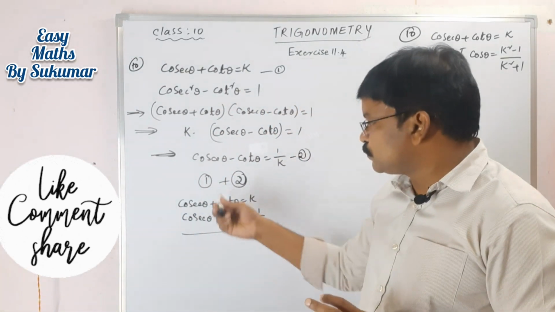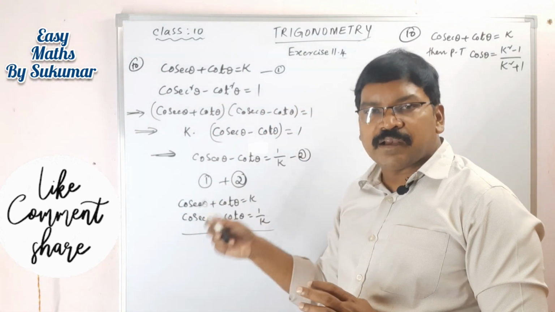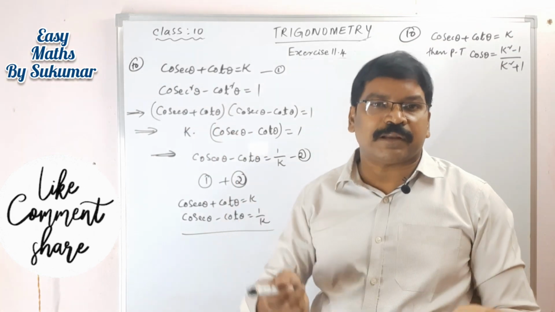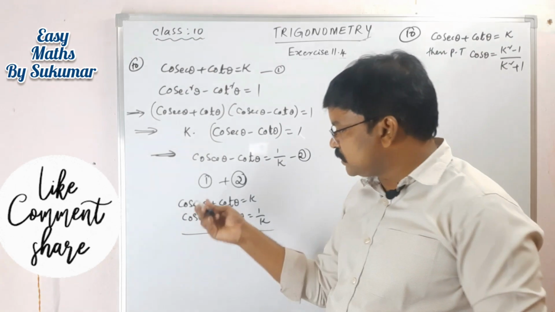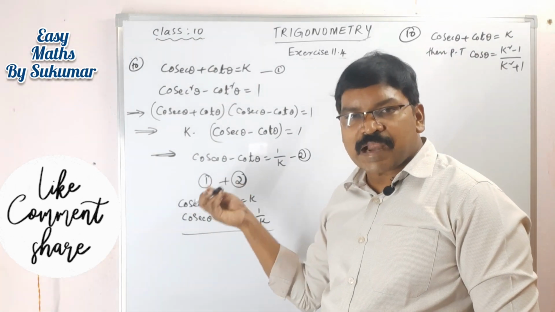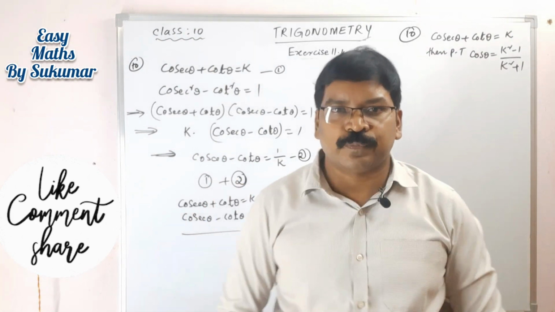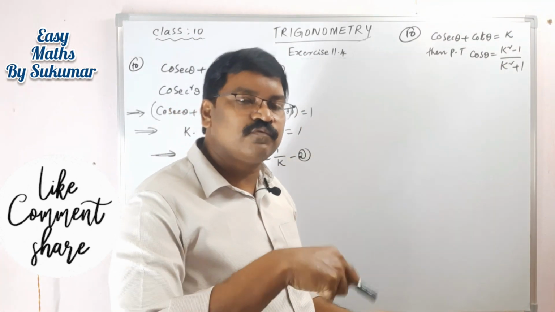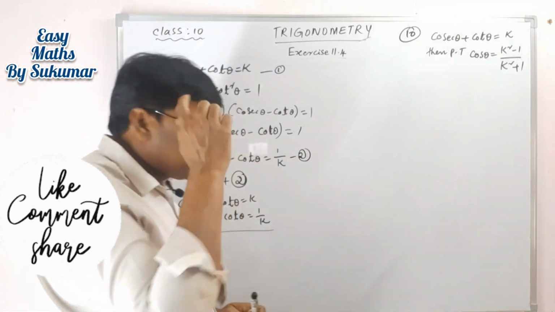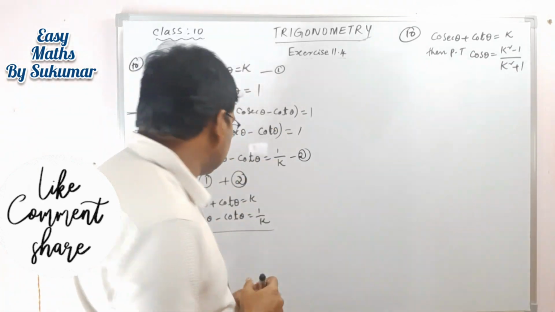Once we should add, and another time we have to subtract, equation 1 minus equation 2. Here we are adding equation 1 with equation 2, and the other time we are going to subtract 2 from 1. Just keep it in your mind, don't forget, right?